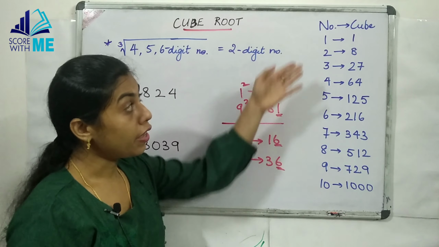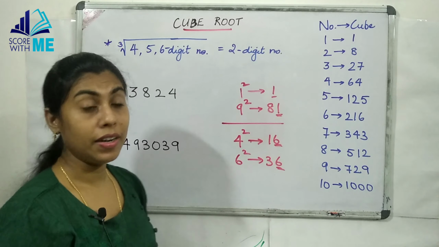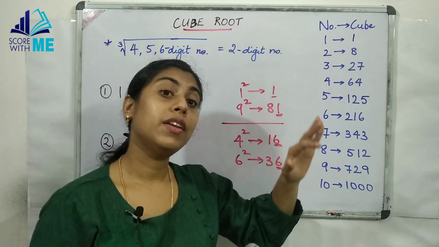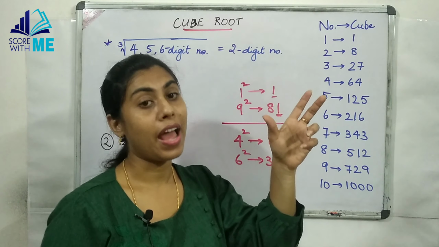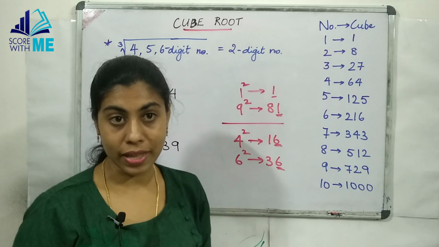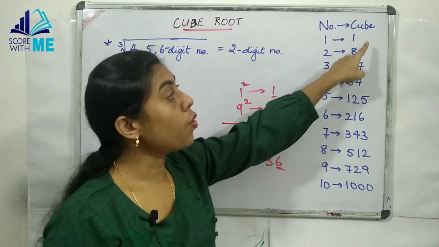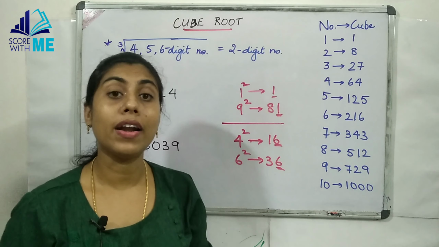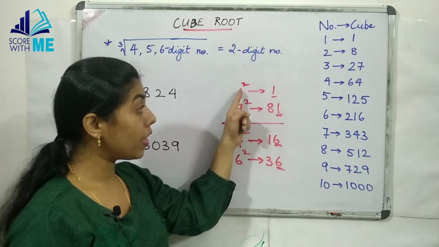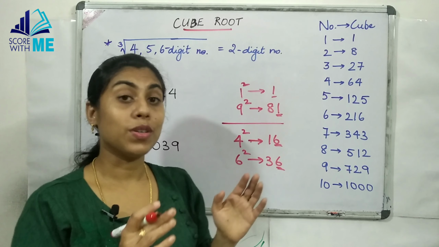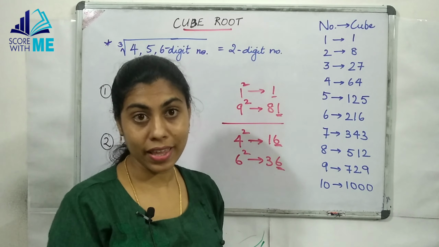In cubes, if you analyze this pattern, every number has a cube and no two digits have the same units place. If we see 1, 1's cube is 1. No other number has got 1 in its units place. In squares, we had two numbers having 1 in their units place. So what is the difference here?